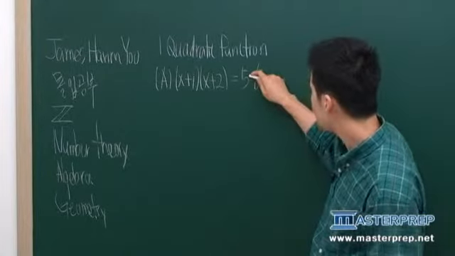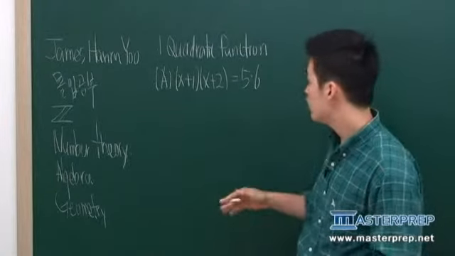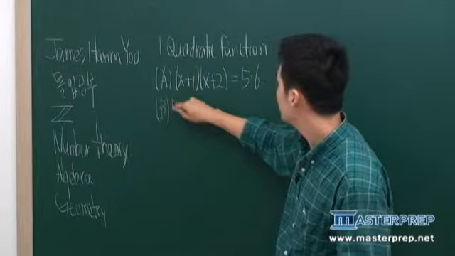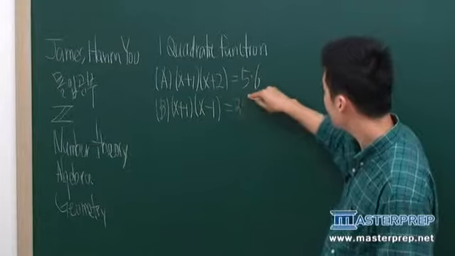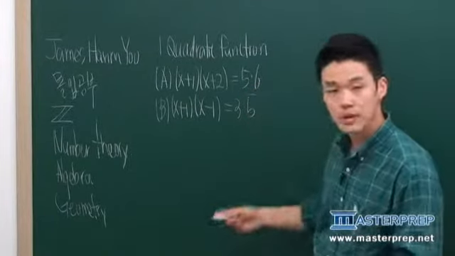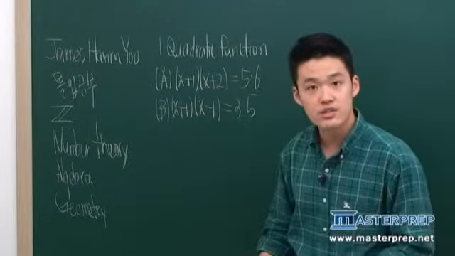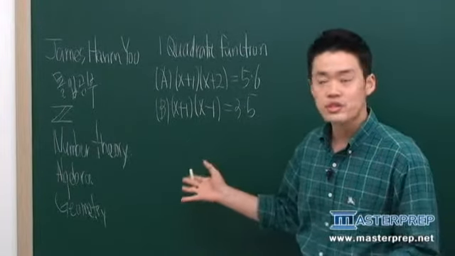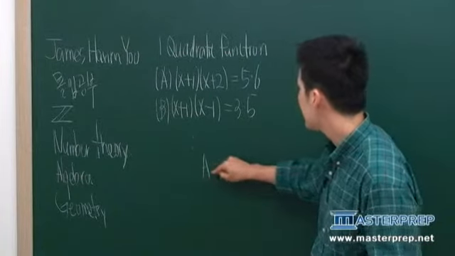I'm going to use this product sign instead of the x notation. B is equal to x plus 1 times x minus 1, which is equal to 3 times 5, so A is definitely bigger. As you go through, using this intuition, you would see A is the biggest number. This question is just seeing if you understand the arithmetic between quadratic functions. So A is the answer.